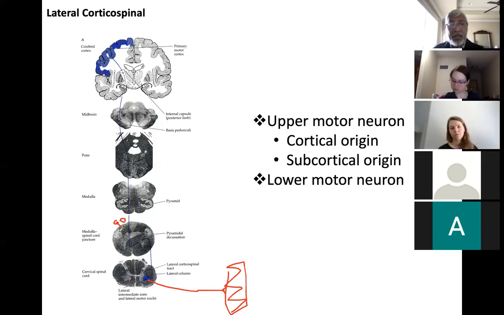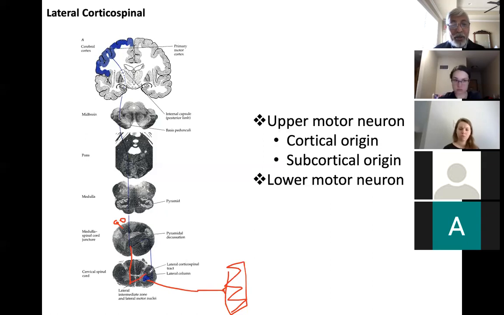Now we said 90% of the fibers will decussate. What does it mean? 10% of the fibers will still remain on the same side, right? Those 10% which do not cross and stay on the same side will occupy the anterior column. We call them the anterior corticospinal tract. They will also eventually move to the same level, and then they will go to the muscle as well.